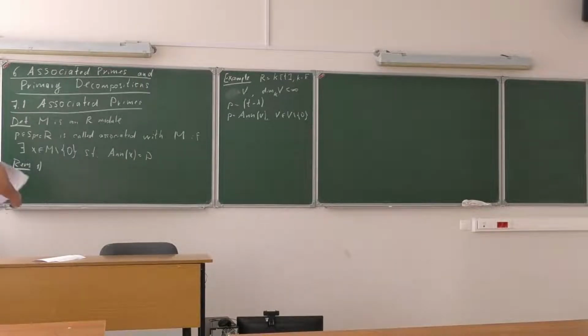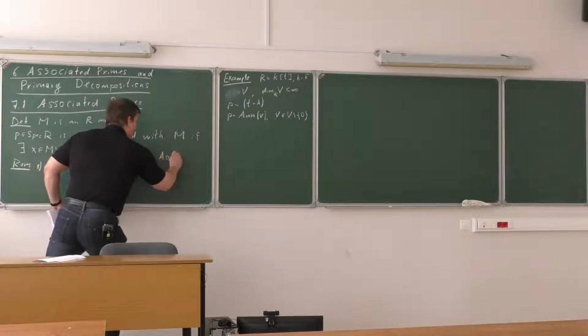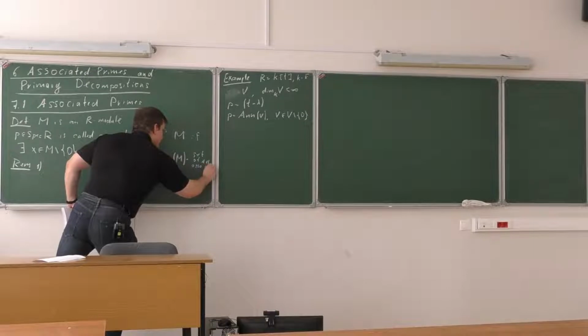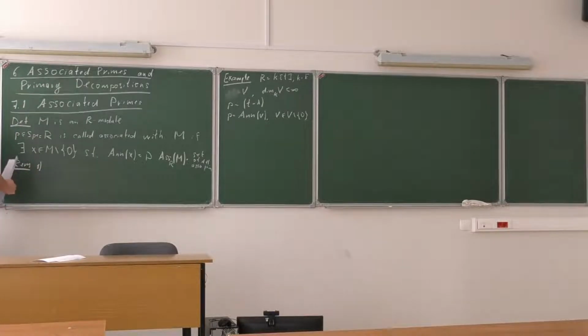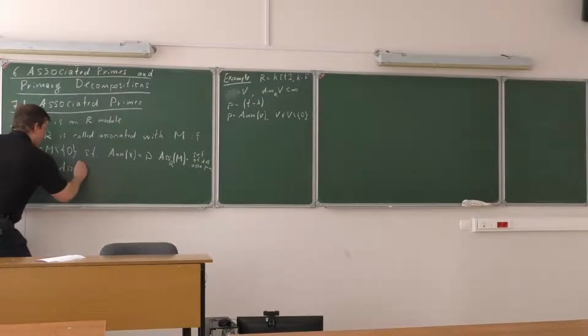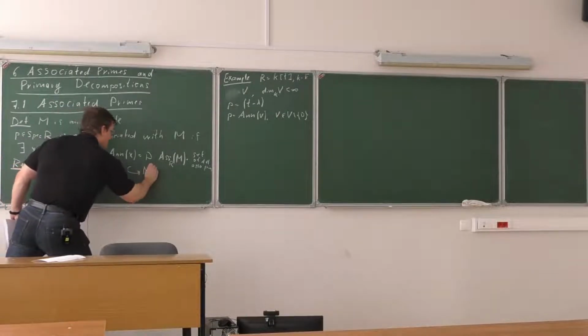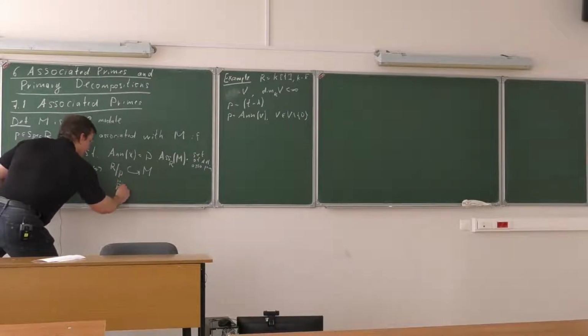The notation for the set of all associated primes is Ass of M, and if the ring is not clear, we can use the subscript R. First, P belongs to the associated primes of the module M if and only if we have a submodule inside M, which is just a cyclic submodule generated by X, isomorphic to R mod P, since the annihilator of X is P; this is exactly this quotient.